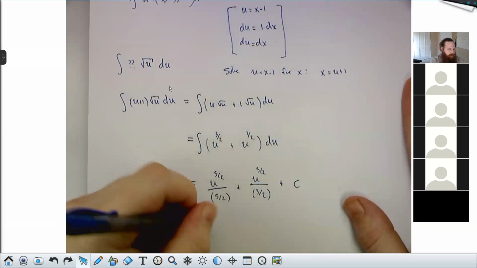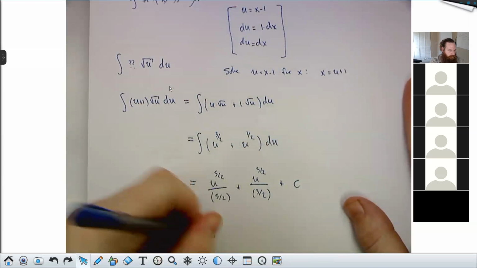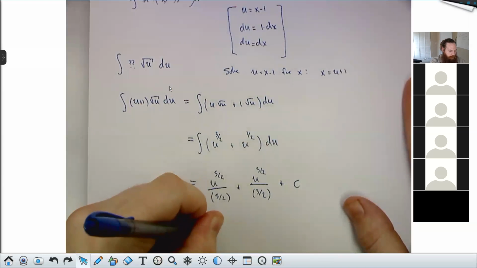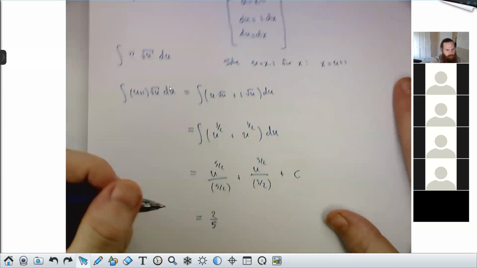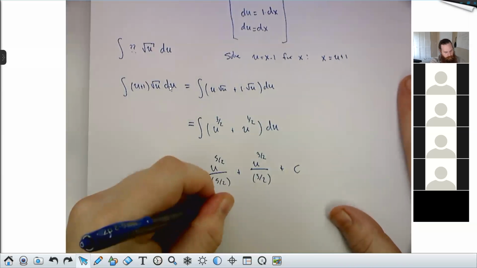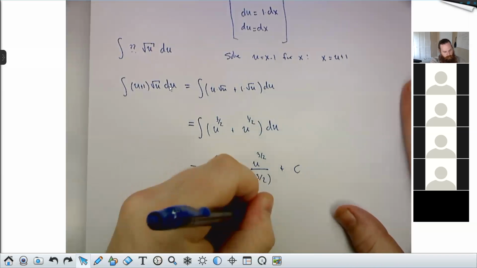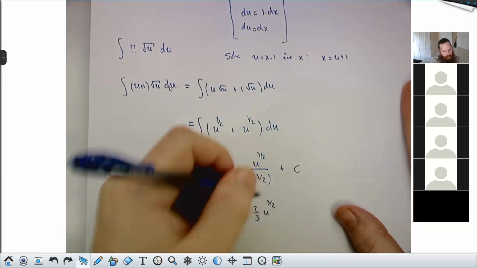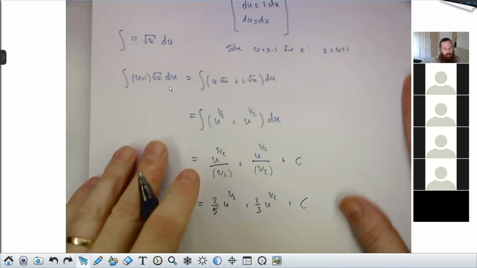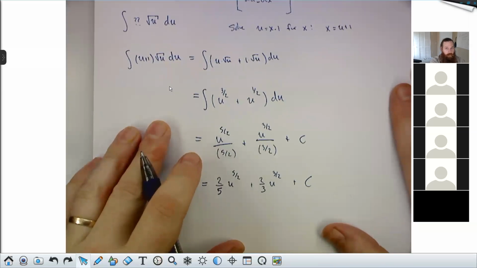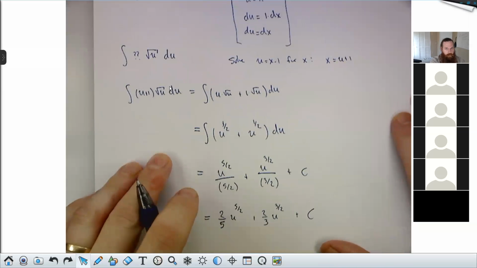Slap on your plus c. Dividing by 5/2 is the same as multiplying by 2/5. Similarly, the 2/3. And then your last step is to go back to your original variable.